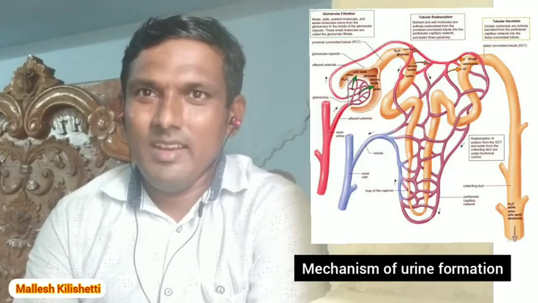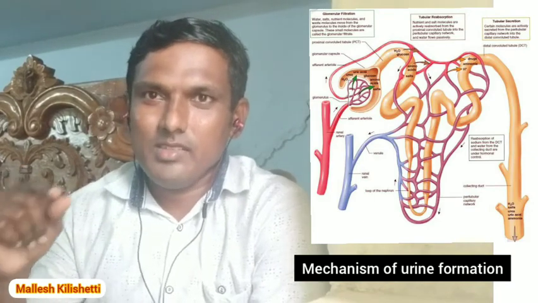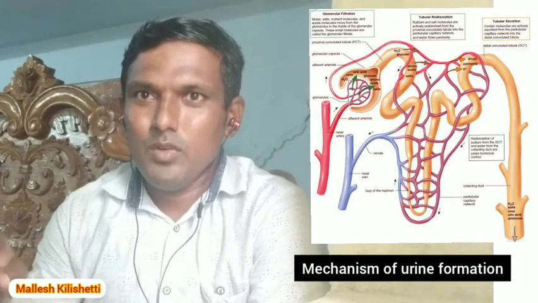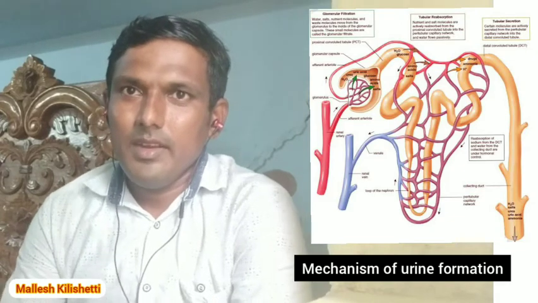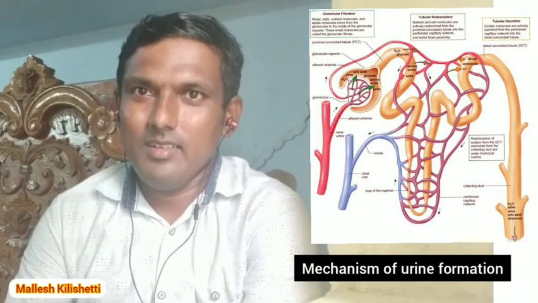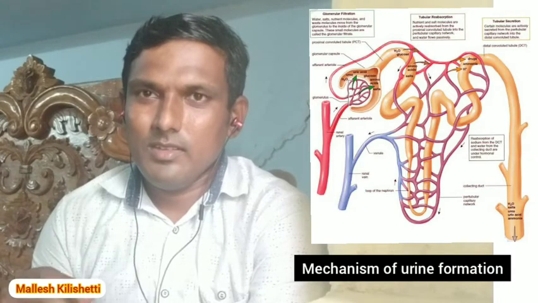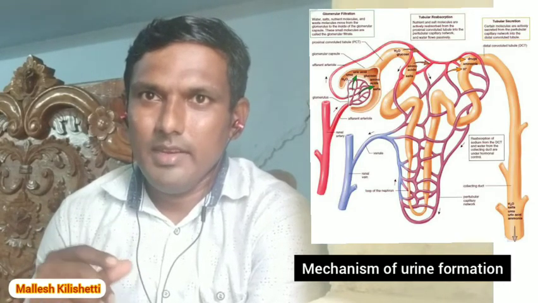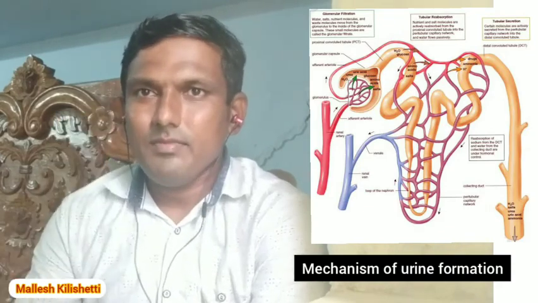Next, the loop of Henle is a U-shaped structure, first found by a scientist named Henle. Urine travels through this tube. Next, DCT means distal convoluted tubule, or second convoluted tubule.